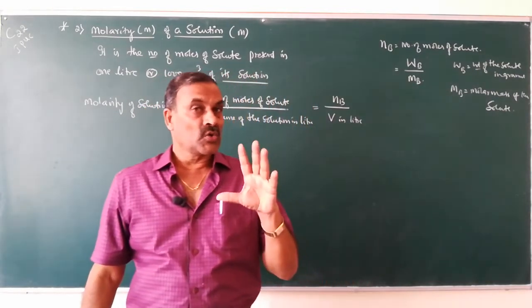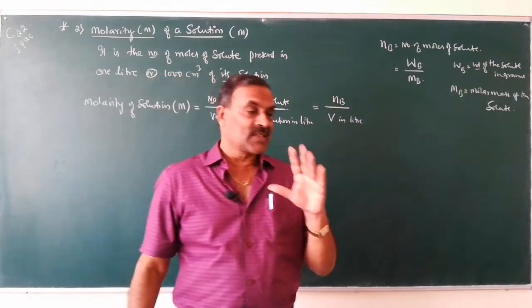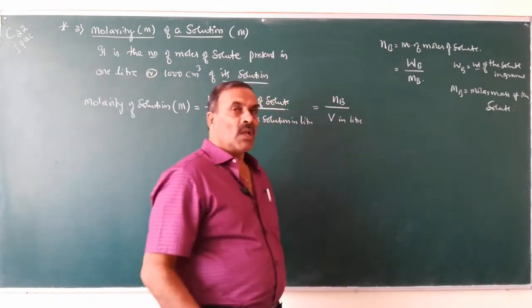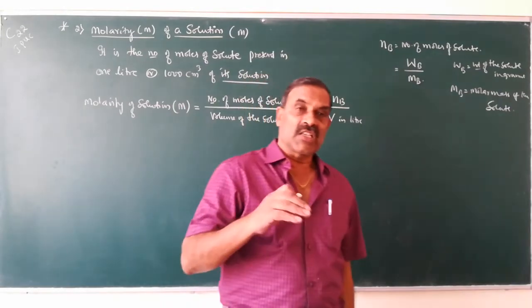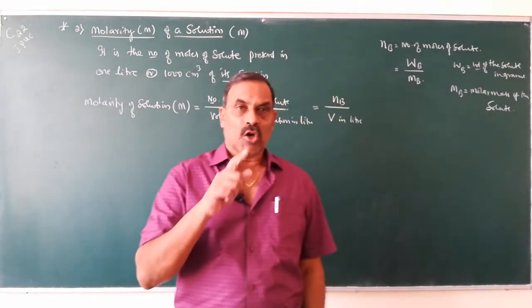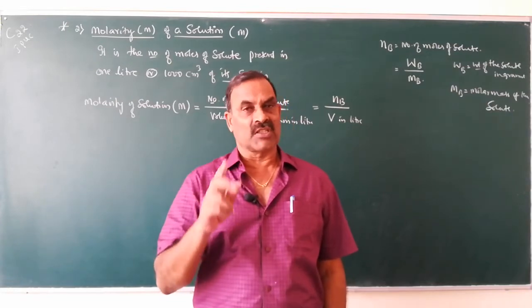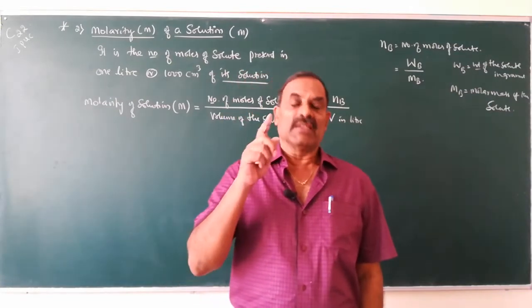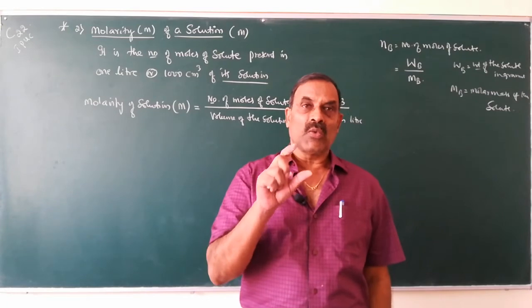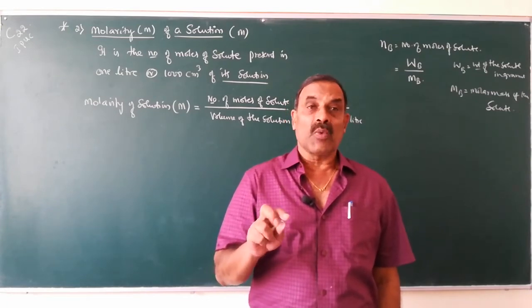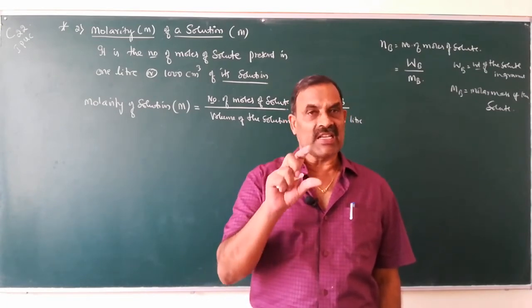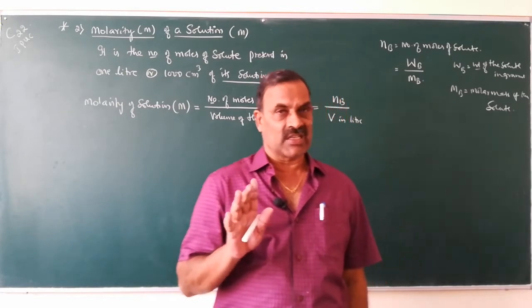Here you have to clearly understand, 1 liter of its solution means the solute and the solvent together. The volume of the solution must be the volume of the solute and the volume of the solvent together, equal to 1 liter.